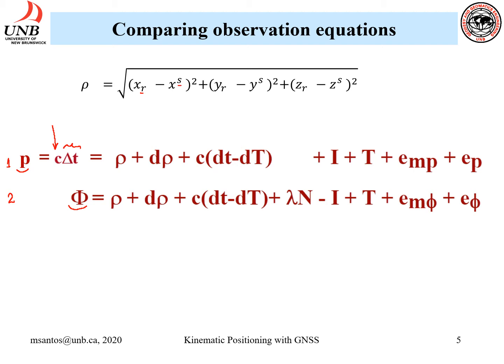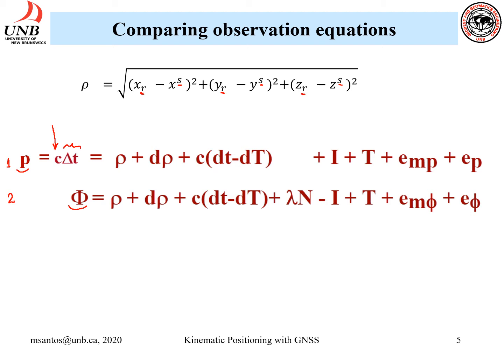So here we have the component x of the satellite in a 3D geocentric coordinate system. This is the component x of the satellite, x sub R receiver, x sub S satellite, y sub R receiver, y sub S satellite, and likewise for z.